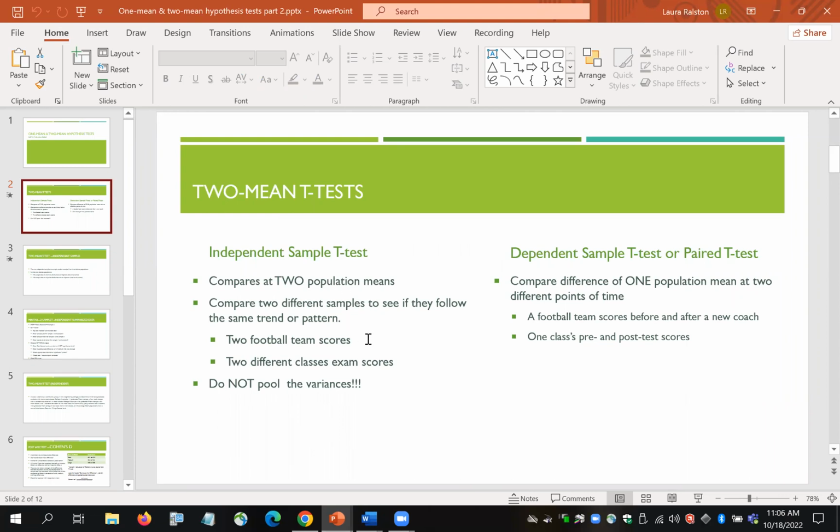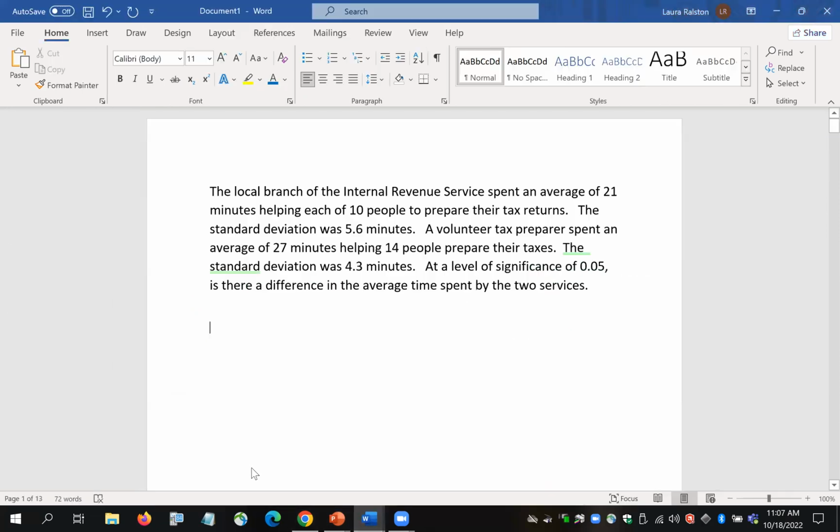We pull the same information from two different samples. And for our purposes, we do not pool the variances. And so I pulled a question. I just typed it in about 5 minutes before we started. So this is just so you'll have it.